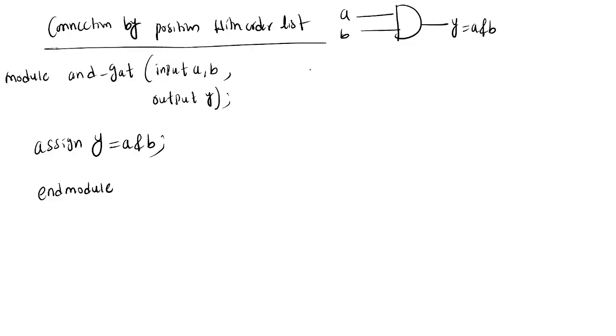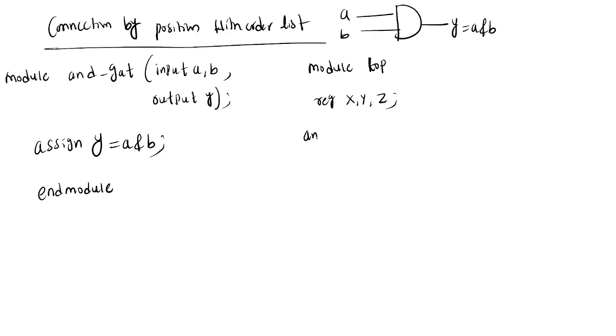If you want to write the test bench, in the top module, I can write module top. The inputs should be reg data type. Here I am writing reg x, y, z. These are the variables for the test bench.